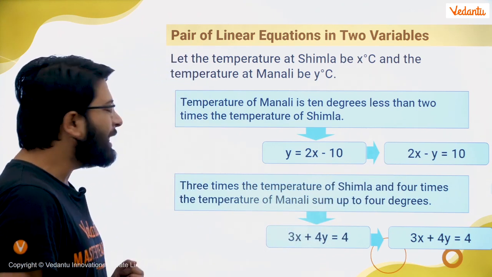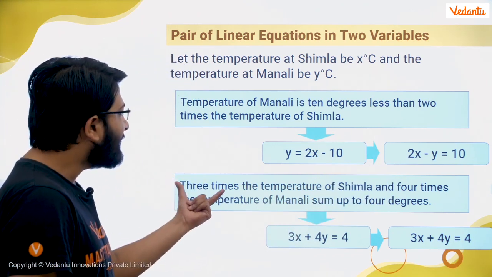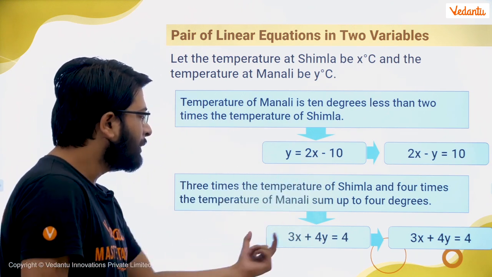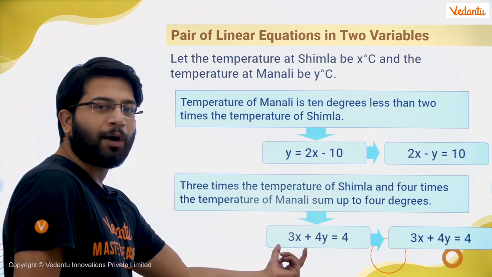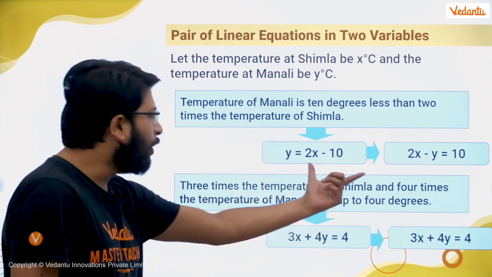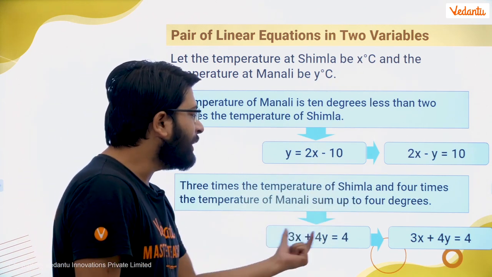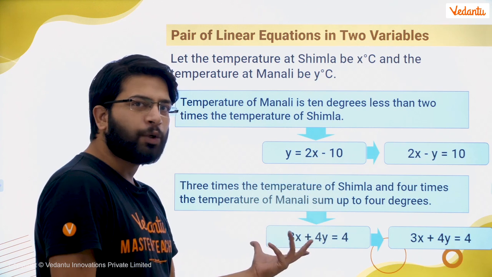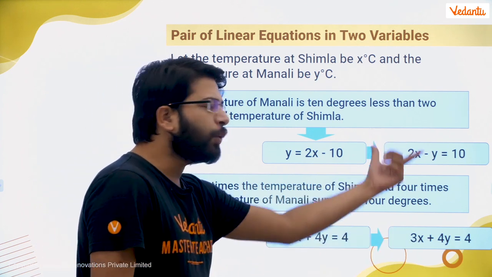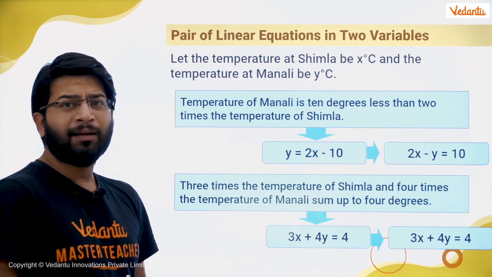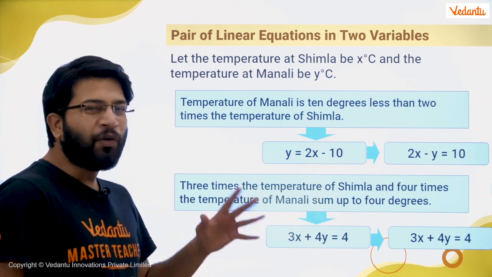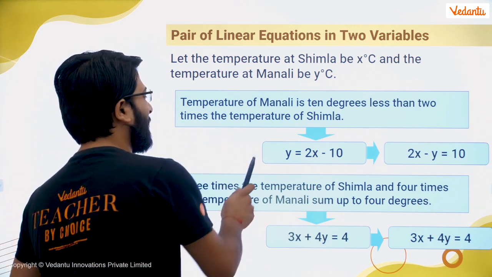Yes. The second information is saying that 3 times the temperature of Simla and 4 times the temperature of Manali sum up to 4 degrees. The sum of these is 4 degrees. So I got two equations in two variables. Now how to find the solution of these? Let's figure it out, okay champ.